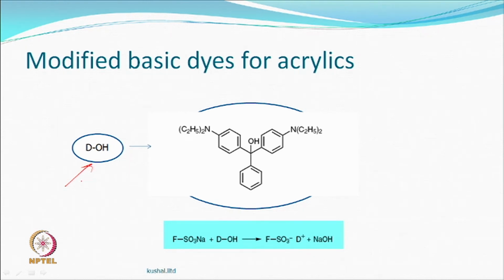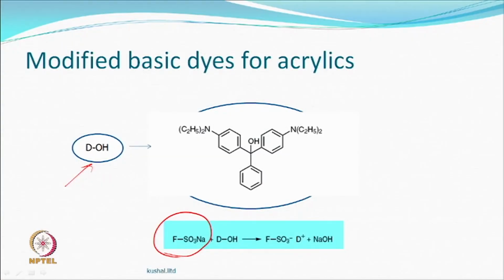If that is not there, then this can sublime. Another disperse dye can sublime, that disperse dye can also go to the nylon, but normal basic dyes, cationic dyes have high tinctorial value, which everybody likes.